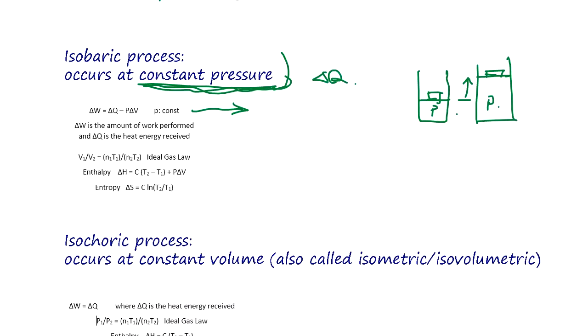In this case, for the ideal gas this relationship still holds, and enthalpy is going to be not only temperature change but also volume increase. That comes from the additional heat energy from outside. You heat it up. So entropy is this equation, the temperature difference.